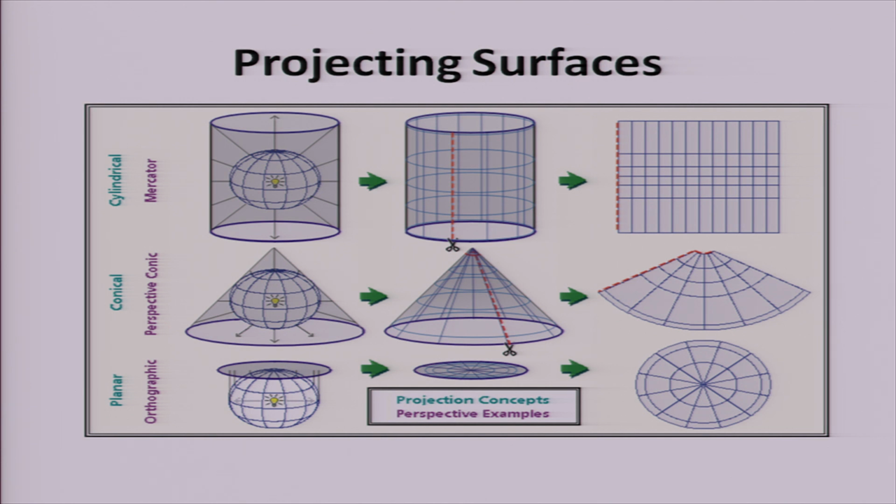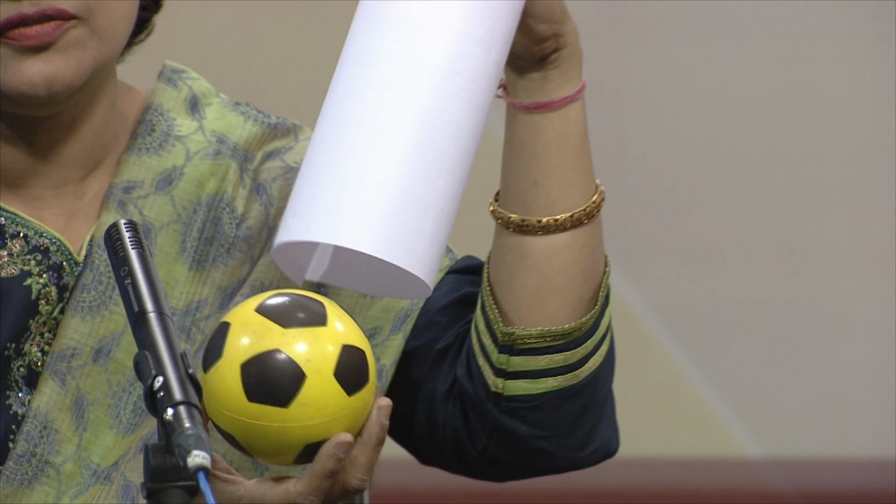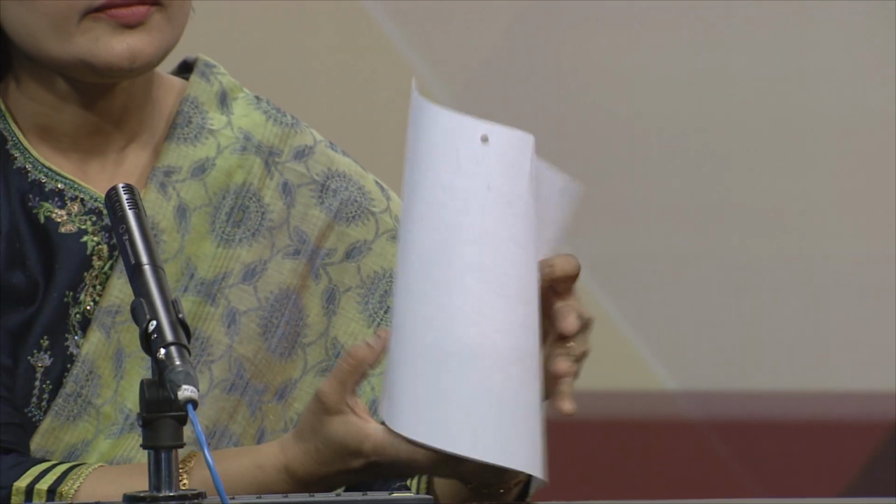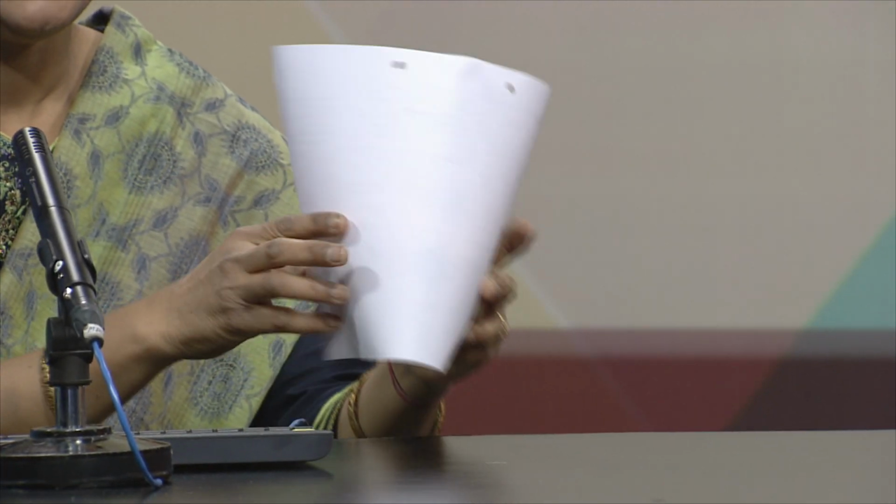On the basis of projecting surfaces, as I have already told you, you can also see in this figure there are three types of projections based on the projecting surfaces. Now I have a spherical ball over here and a paper which I am assuming to be a projecting surface, and I am rolling the paper in the form of a cylinder, and I am placing the Earth, which is in the form of this ball, in the center.